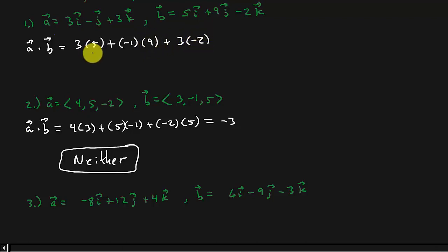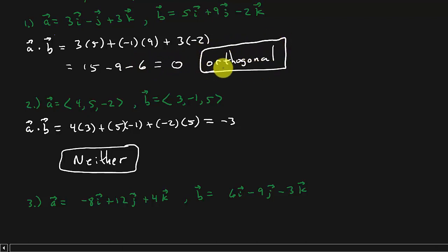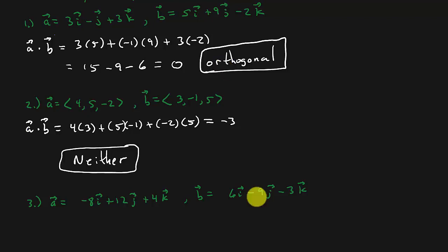And so that's going to be 15 minus 9 minus 6. And so that gives us 0. So these are orthogonal. Okay, we can stop there. Once we get that dot product as 0, we can just stop.